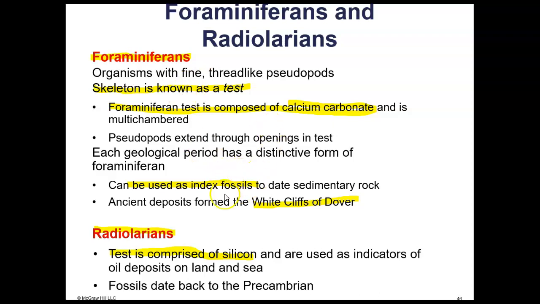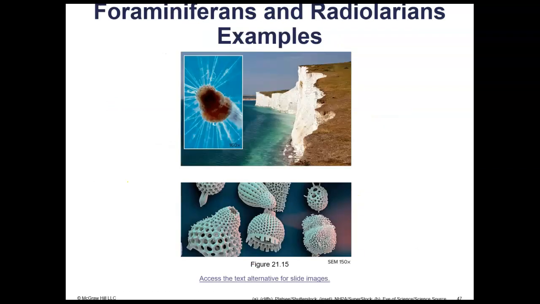They're kind of pretty. Then we have radiolarians who also have a test, but their test is composed of silicon. And it looks a little bit different. I think the radiolarians are prettier under the microscope. But here are some images.